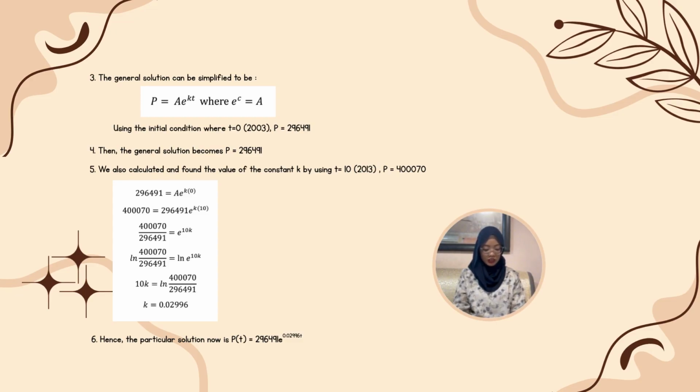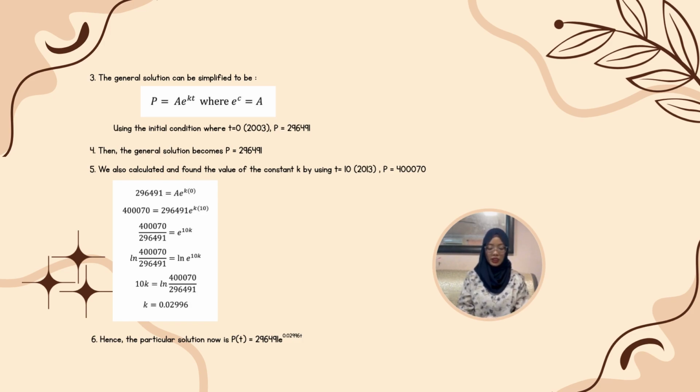Using the initial condition where t equals 0, which was in 2003, our P becomes 296,491. Then, our general solution becomes P equals 296,491 times e to the power of kt. We also calculated and found the value of our constant k by using t equals 10, which was in 2013, and our P is equal to 407,0.